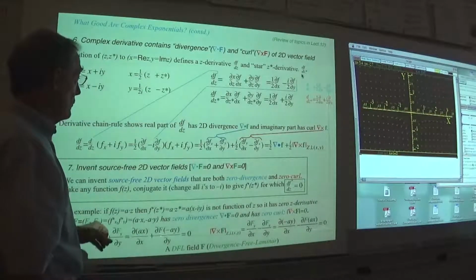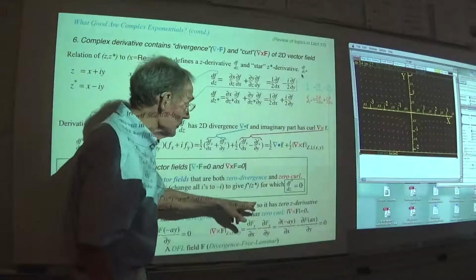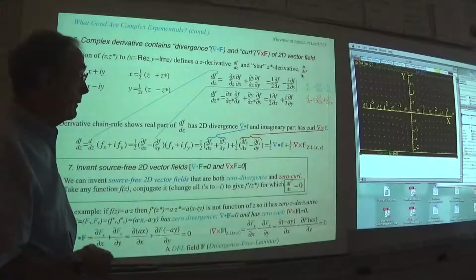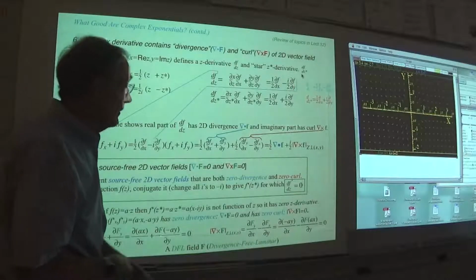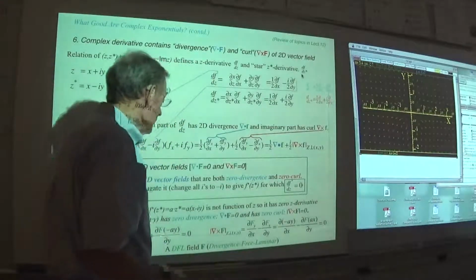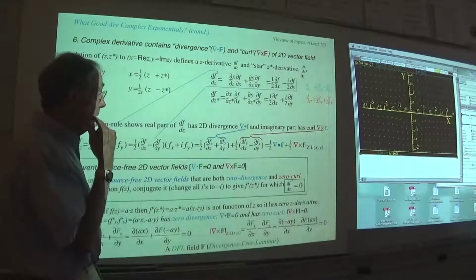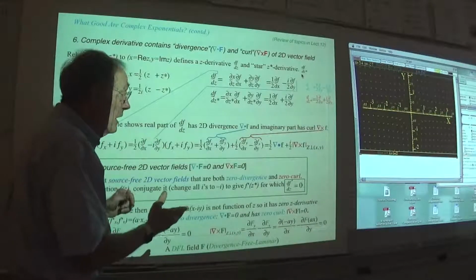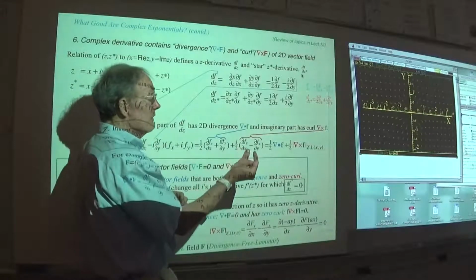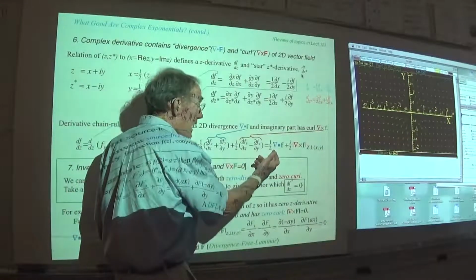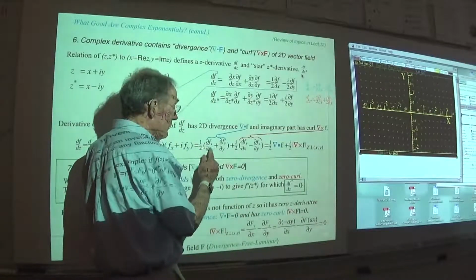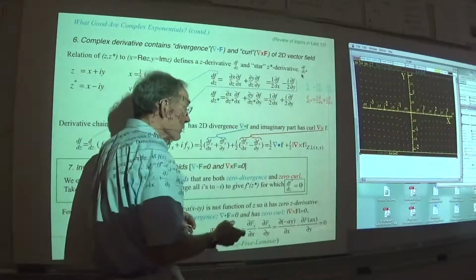But in any case, when you get done doing that, you fix something that is not a function of the independent variable z. That is, it has 0 z derivative. And we showed that the z derivative, that is the derivative with respect to z, has a real and imaginary part that is half of it, the divergence. That's this combination right here, the 2-dimensional divergence.